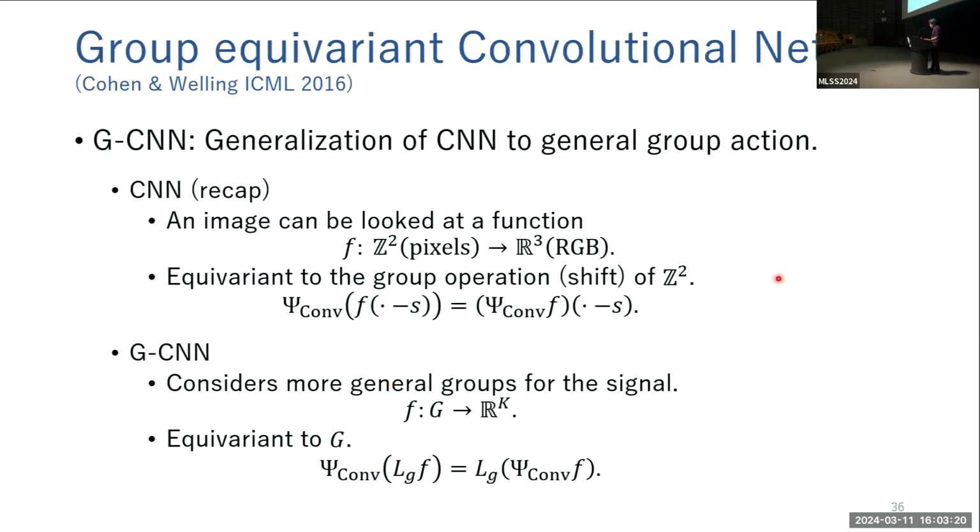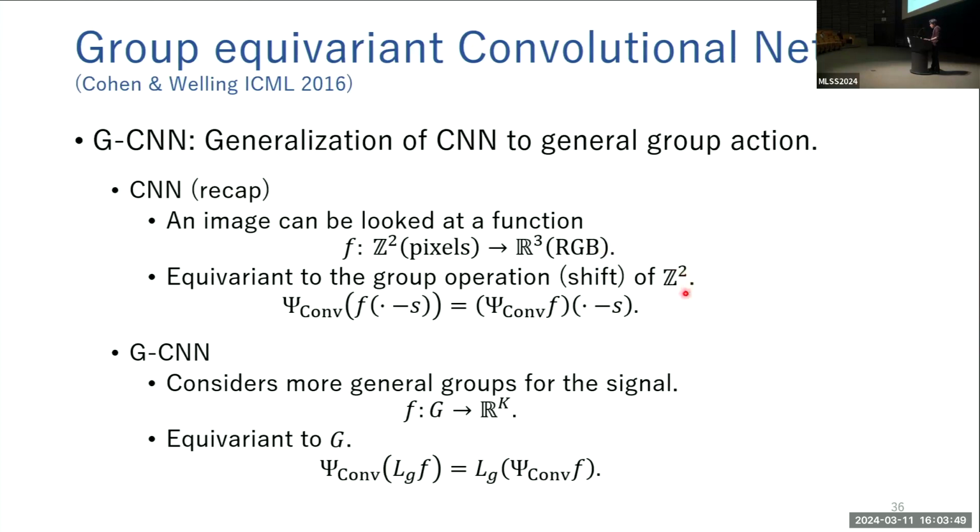So you can see that this is the standard convolutional neural network. In the case of the convolutional network, the space is just Z squared, characterizing the space of pixels, and the output is like RGB in the input space, so R^3.